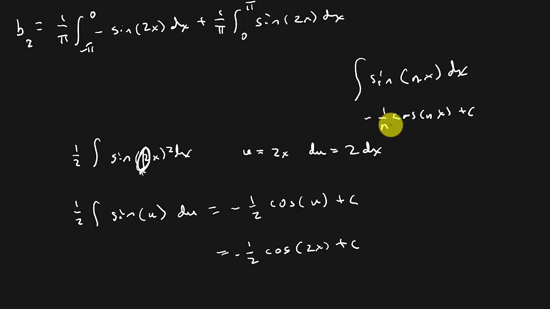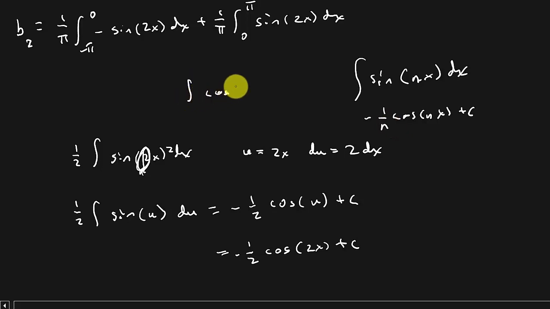And cosine nx works the same way. If you had the integral of cosine nx dx, the integral of cosine is sine, and then you would multiply by the reciprocal of the number in front of x.